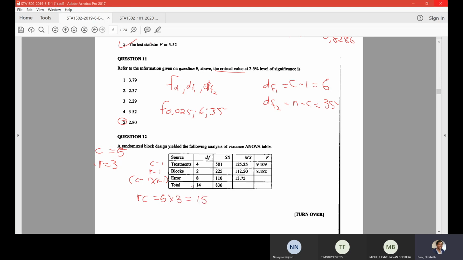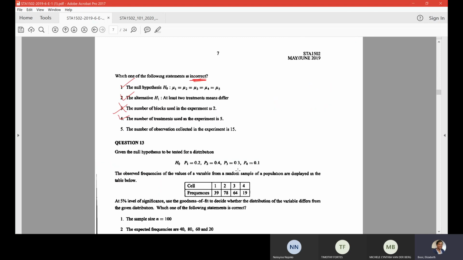We know that the degrees of freedom for total is RC minus 1. So it would have been 15 minus 1, which will give us 14. So if I look at this, it would have been correct as well. So the only option that is incorrect is option number 3.